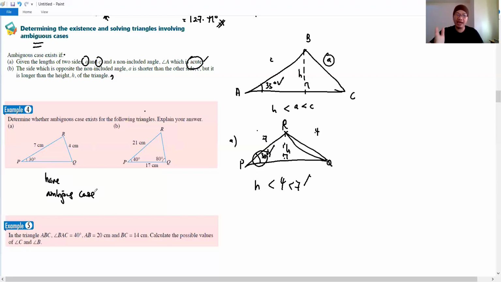Now, if we have an ambiguous case, I told you ambiguous maksudnya apa? Ambiguous means we can construct two different triangles by using the same info. Now, you see, this is our first triangle. We got 7, we got 4, we got 30. And what is the second diagram? The second diagram would be like this. Very interesting.